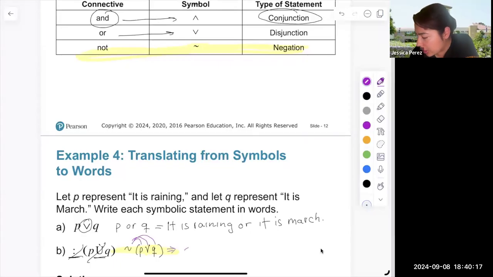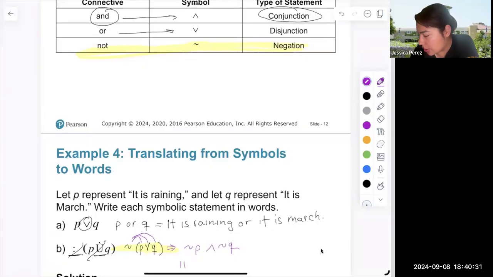So the negation will be not P. If I negate my or, that means I am an and symbol, and then not Q. So this would be, it is not raining, and it is not March.